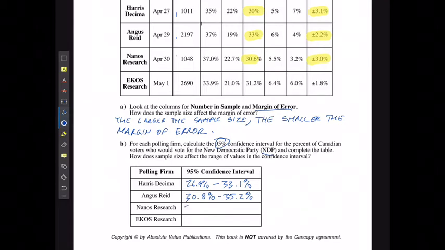So I have 27.6% to 33.6%. And for Ekos, it's 31.2% with a plus or minus of 1.8, so 29.4% going to 33.0%.